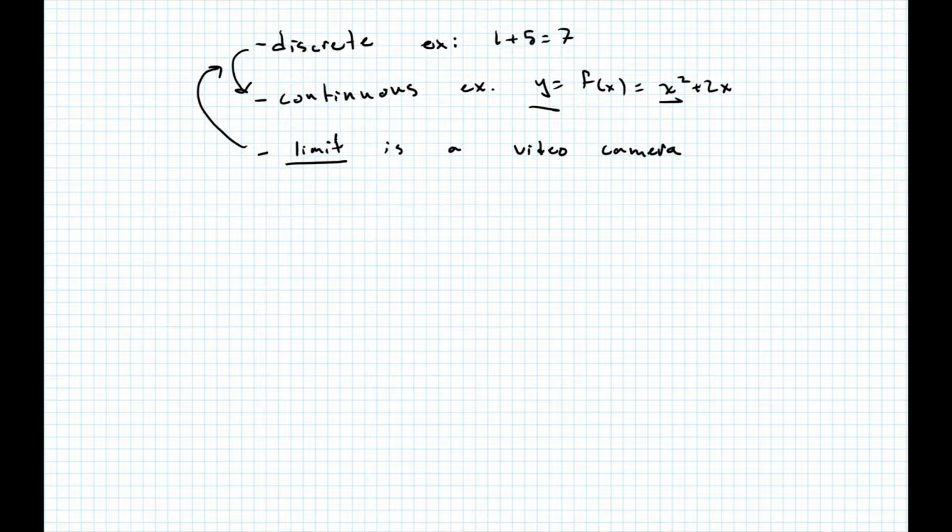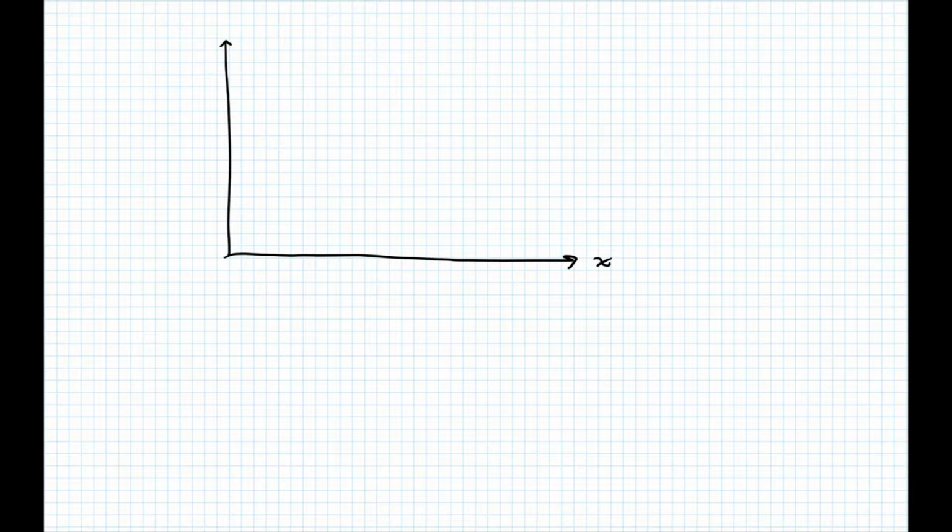But we want to talk about, in a more rigorous definition, what the limit is. So we'll start with an example. Say we have a graph. We have some input x and some output f of x, and the graph looks something like this. This is an example of a limit that makes a bit of intuitive sense.